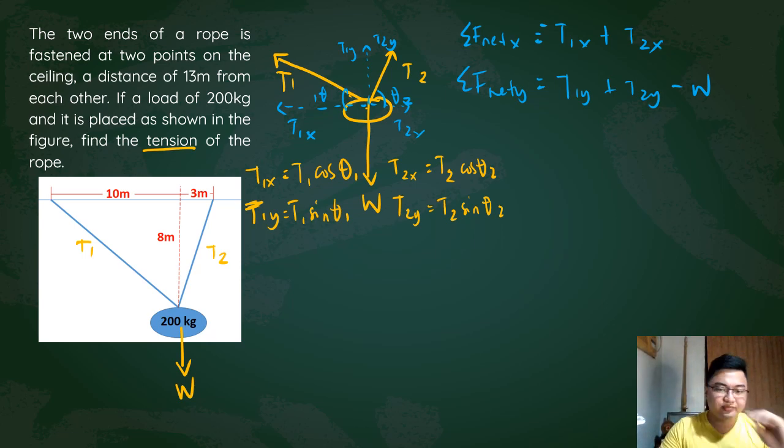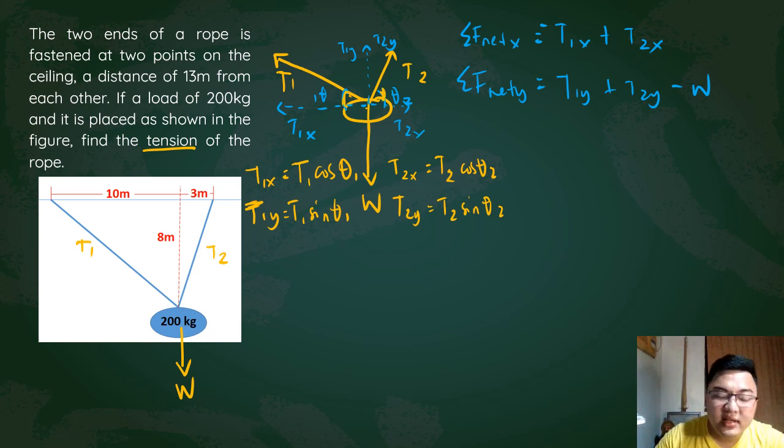What's next? We now have the expressions for the forces along x and the forces along y. So let's solve for the angle here. What will the angle be equal to?